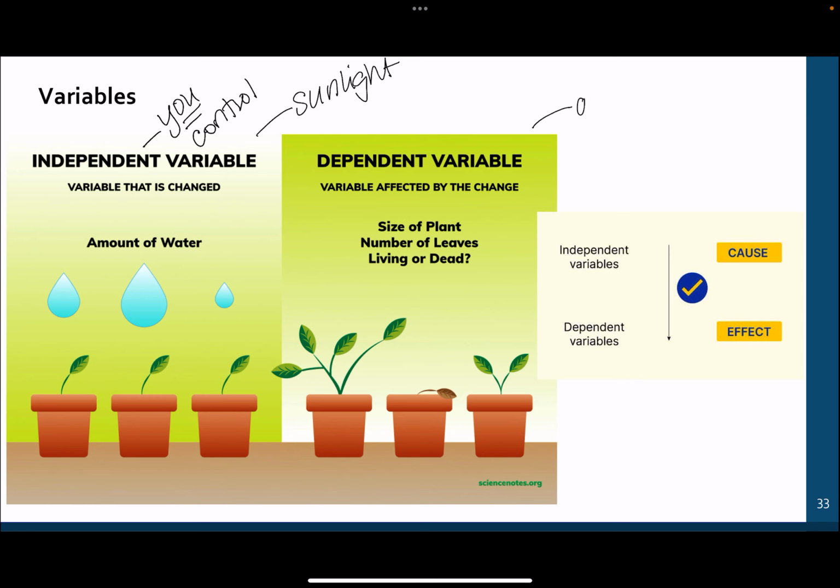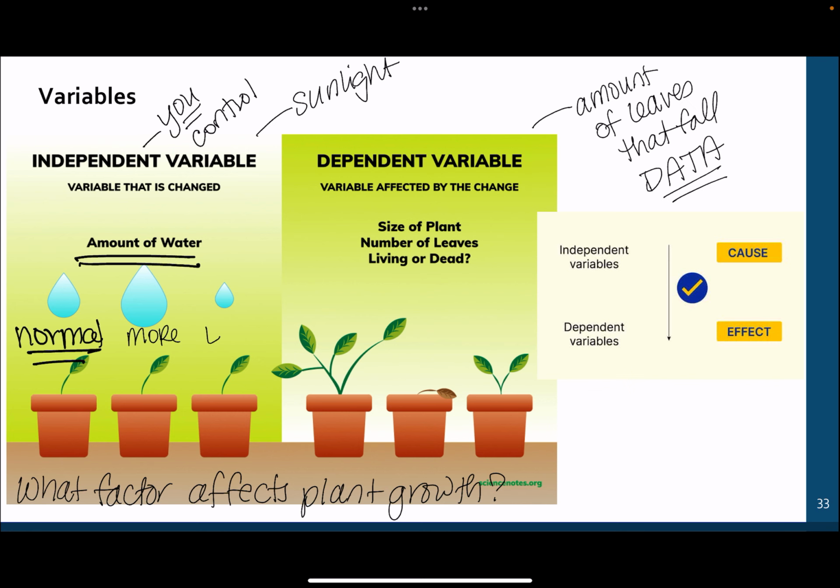And so your independent variable is going to be the amount of water. And you're going to give some plants a normal amount. That's going to be your control group. You're going to give some plants more and some plants less. These 2 are going to be your experimental group, and you're going to compare them to what you would normally water your plants. Now, the dependent variable is going to be the effect of that water on the plants.